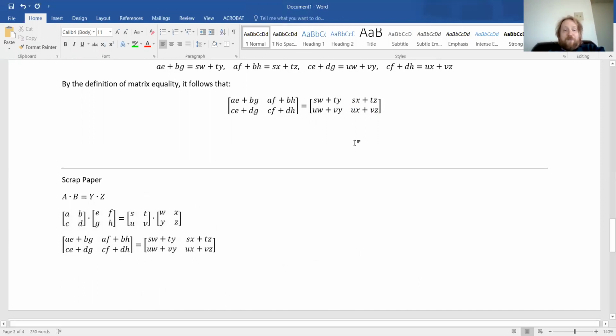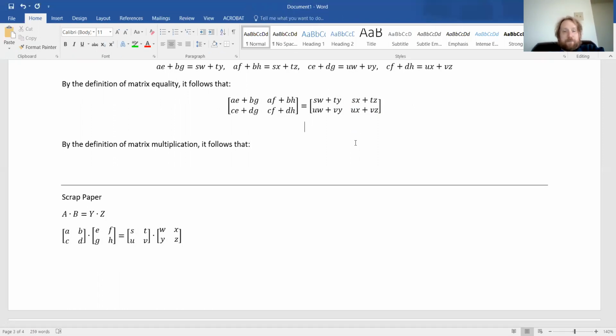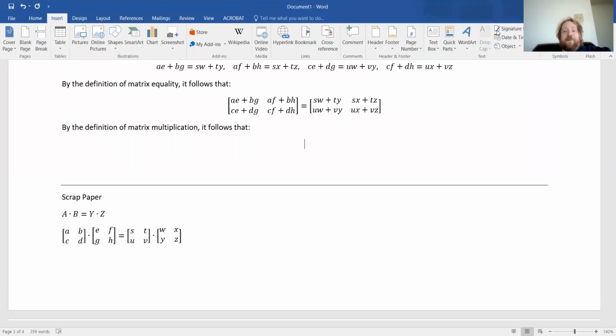So by the definition of matrix multiplication, it follows that, and now we'll put this in as a product of matrices.